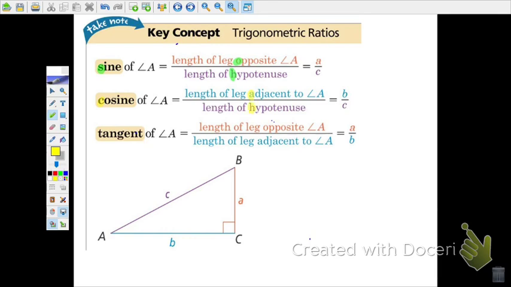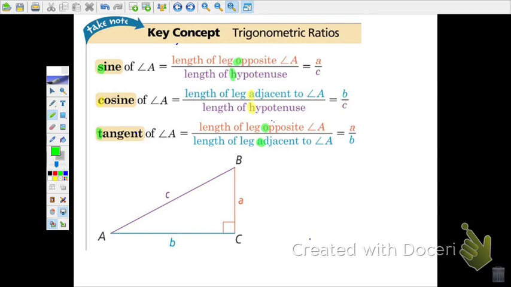So CAH. And tangent, T, of an angle is the length of the leg opposite of the angle to the length of the leg adjacent to the angle. Those are the trig ratios. It's just a fraction. It's just telling you where you get the numbers to make a fraction.